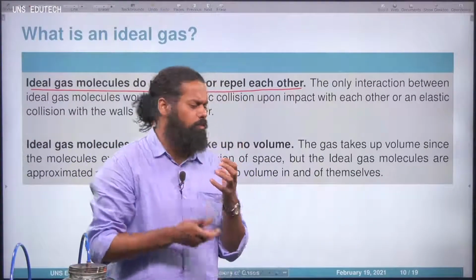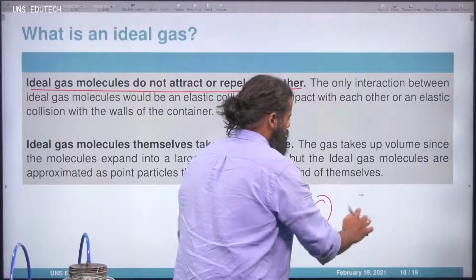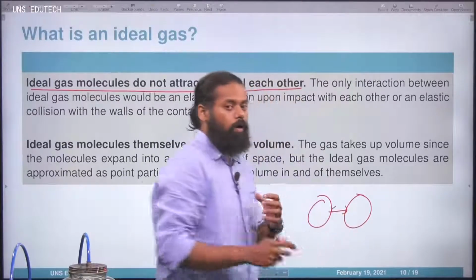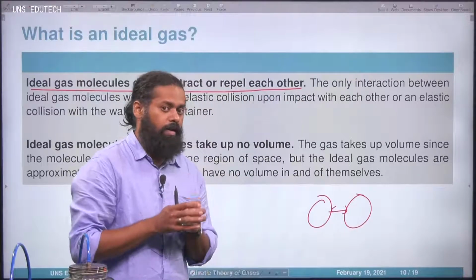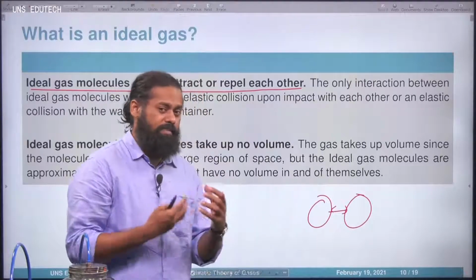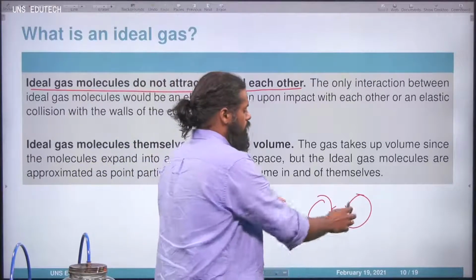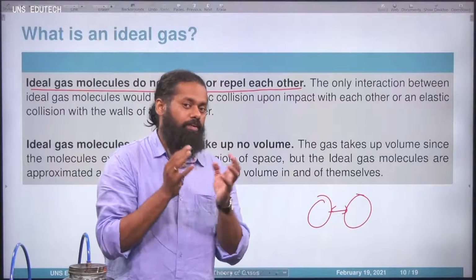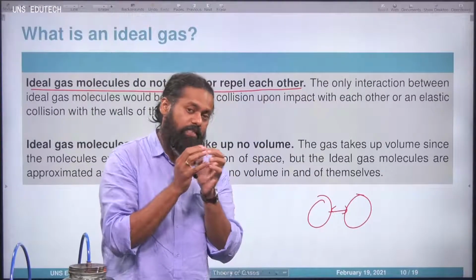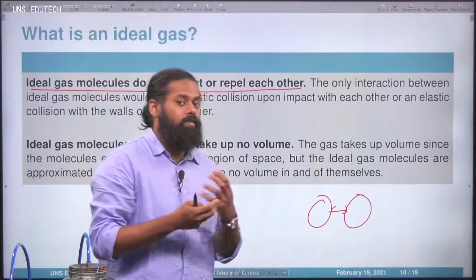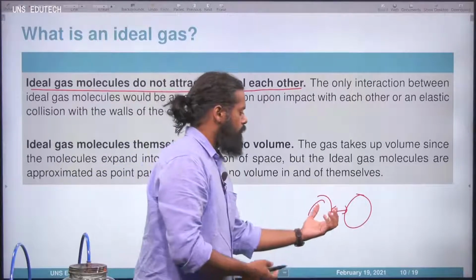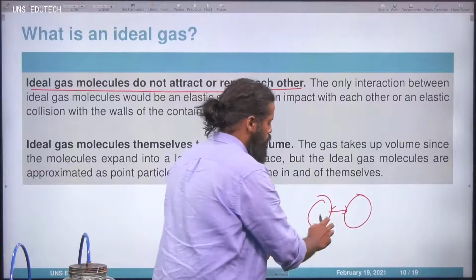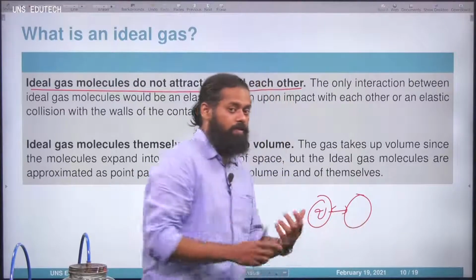Elastic collision means, if two particles collide, there is no loss of energy, no loss to frictional energy, which means internal friction. See, if two particles are colliding and the shape is changing, a certain amount of energy will be lost inside because of internal friction inside the particle. If that is the case, that is called inelastic collision. In elastic collision, momentum and energy will be completely conserved.